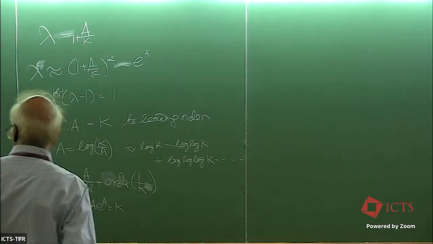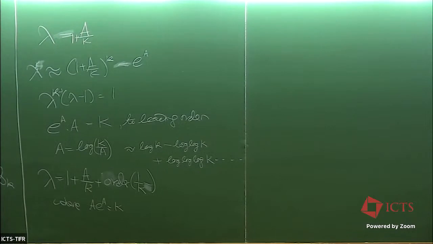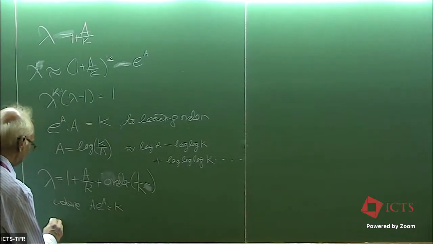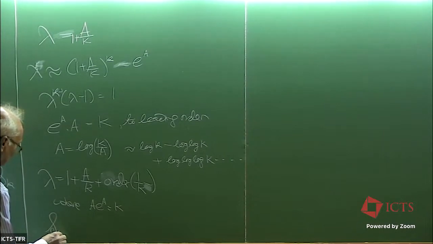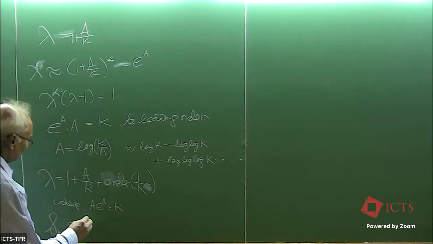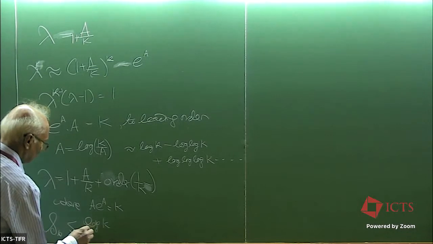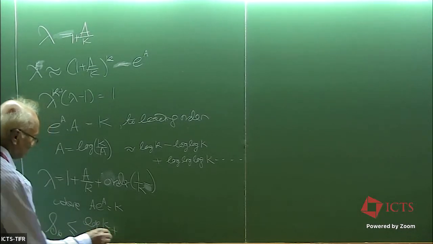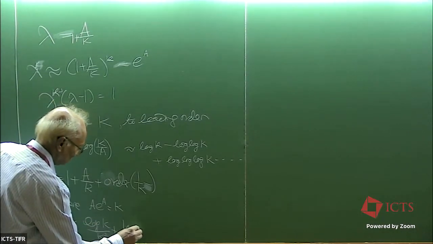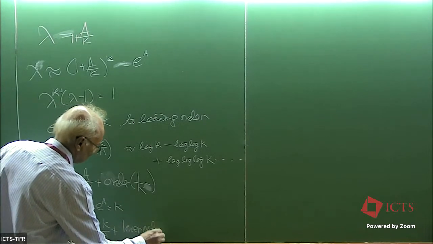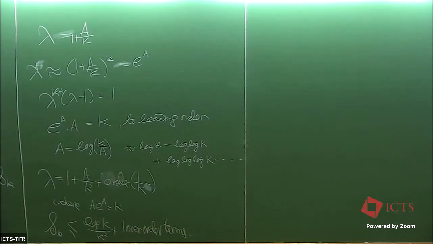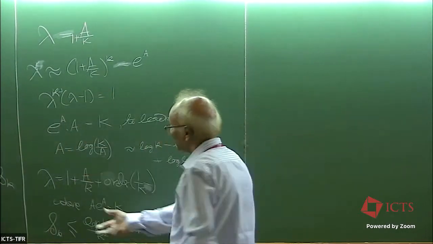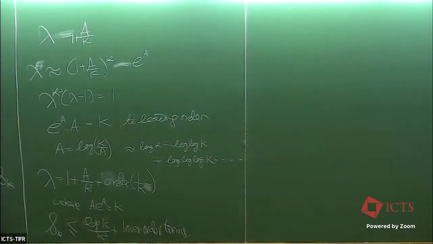So now I have established this lower bound, where I get that the entropy Sk is less than or equal to log k by k squared plus lower order terms. Lower order in log k. Log k is included in the lower order terms.